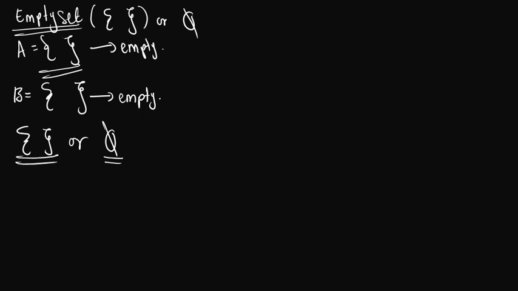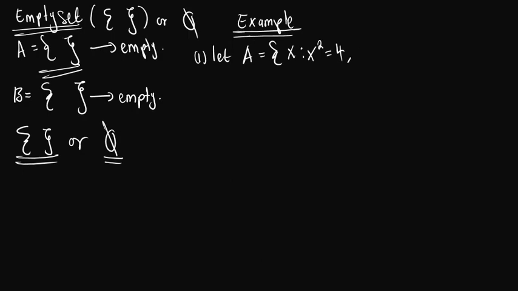Let's look at an example. Okay, so a very good example is, for example, if you are given, let's say, let A equal to this particular set, where they say x is such that x squared is equal to 4, such that x is odd.